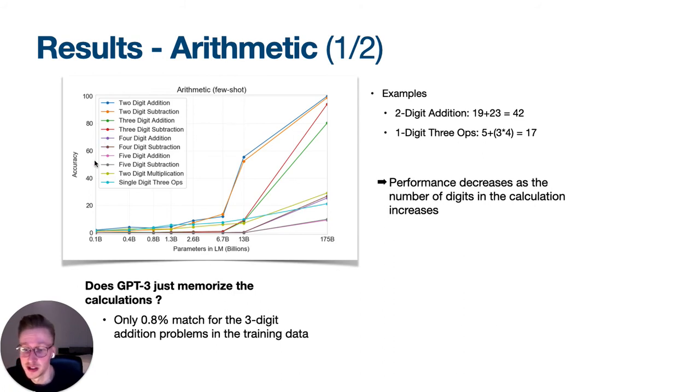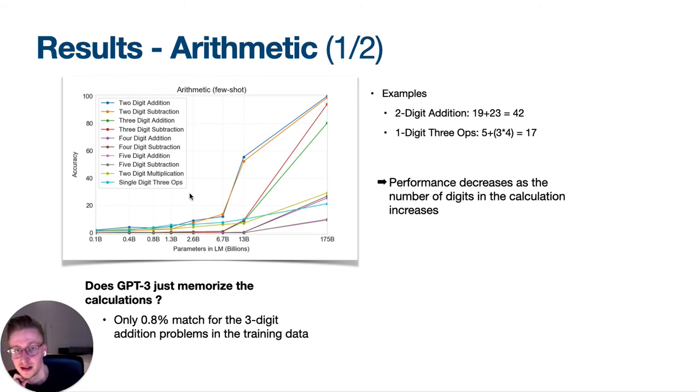And if the model can do arithmetic, the model must have learned it on its own. And we can see that the model can do arithmetic, basically. For the 2-digit addition, it has an accuracy of 100%, and the performance decreases as the number of digits in the calculation increases. So for the 3-digit addition, it only has an 80% chance. And for the other ones, like 5-digit, I think it's over here at like 15%.